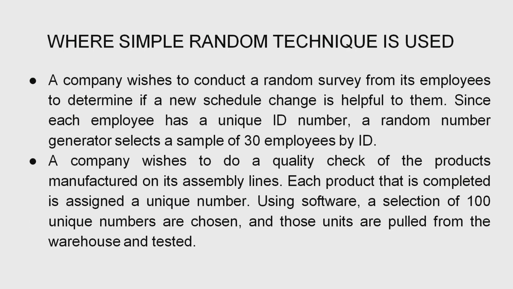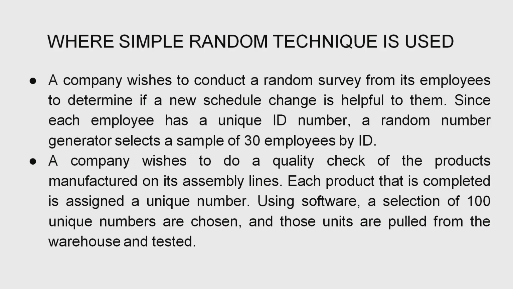So mostly the simple random technique is used in the following examples. When a company wishes to conduct a random survey from its employees to determine whether a new schedule change is helpful to them or not. So when there is a change in the timings, or a change in the working pattern, then the company wishes to conduct a survey from the employees whether they like it or not.